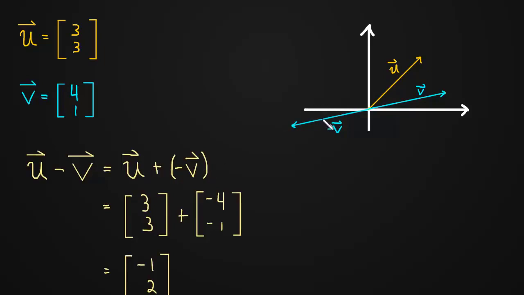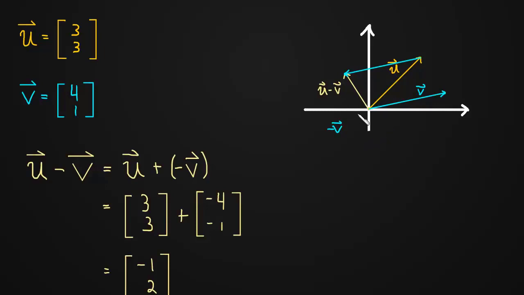So we're just going to take the head to tail approach. We go up u and then we add -v. And we get to this new vector, u minus v. There's our new vector.